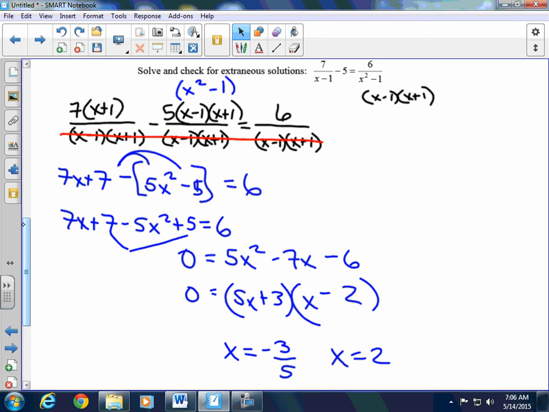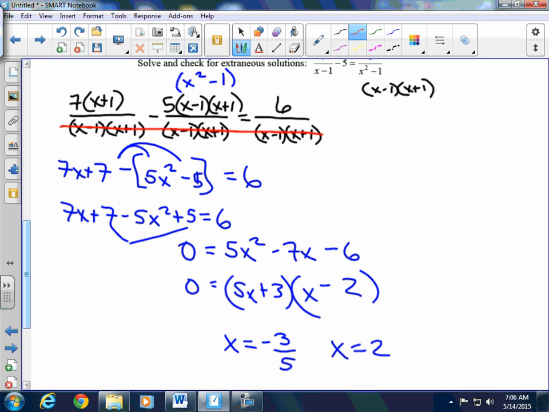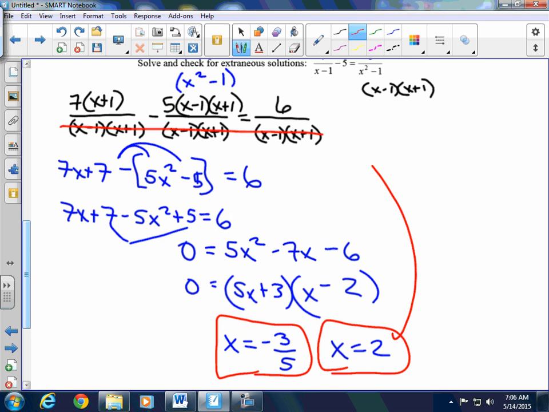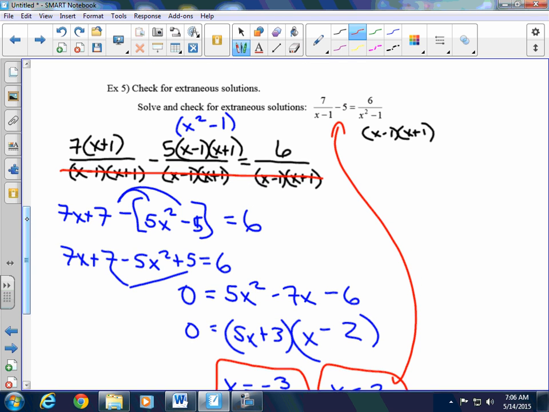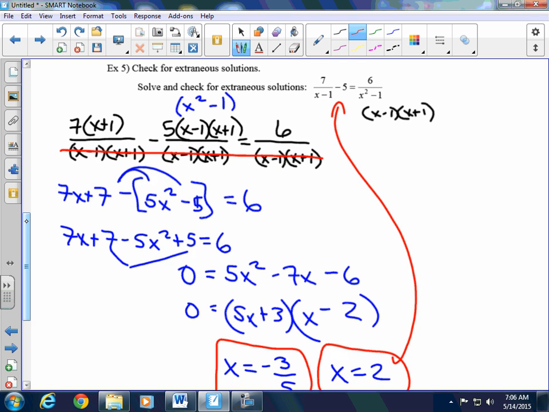When we do plug those in, in this case, we'll once again find that they both do work. So both of these are solutions to that original problem if you plug them back in. Make sure you plug them into your original equation to check to see if they are solutions or if in fact they are extraneous.